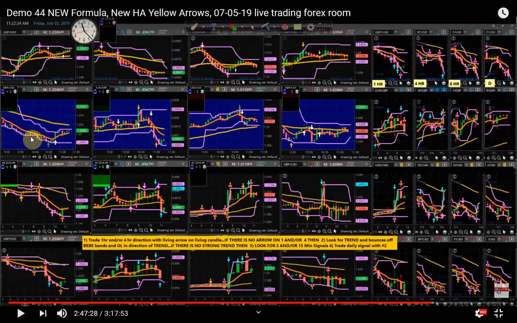There's times in the past, guys, I've just seen this here, I'm just going around and getting in, bang, and it's won. Or I'll get in here and then it's going against me a bit, but because I have a 10 pip stop loss, it doesn't matter. I know this is going to win.